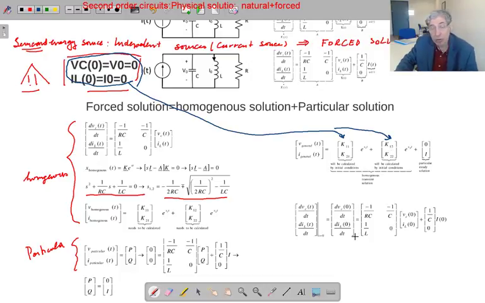So I'm going to go to my original differential equation. In this equation, if I replace t with 0, I can get the derivatives' initial conditions. These are this. And I'm going to replace these initial conditions here with what? With zeros. This is equal to 0 and this is equal to 0.